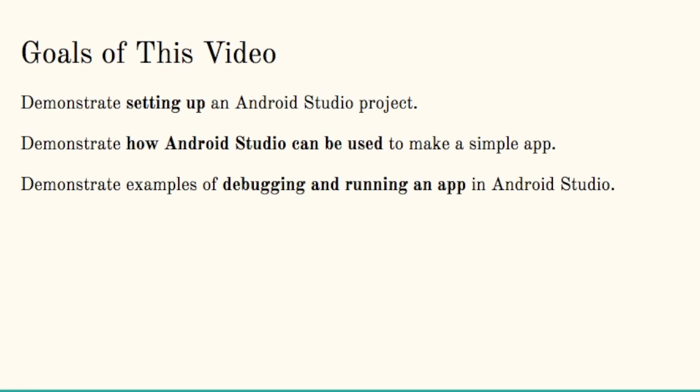And third, I'm going to demonstrate examples of debugging and running your app, because inevitably you're going to run into problems and you're going to need to fix them. So I'm going to show you debugging right in the very first video of this series, and then also how to run your finished app.